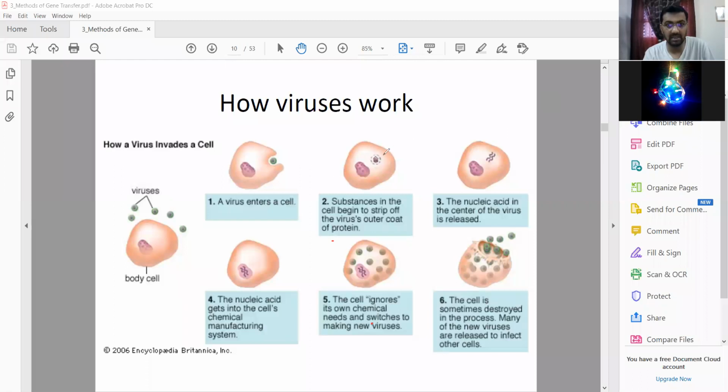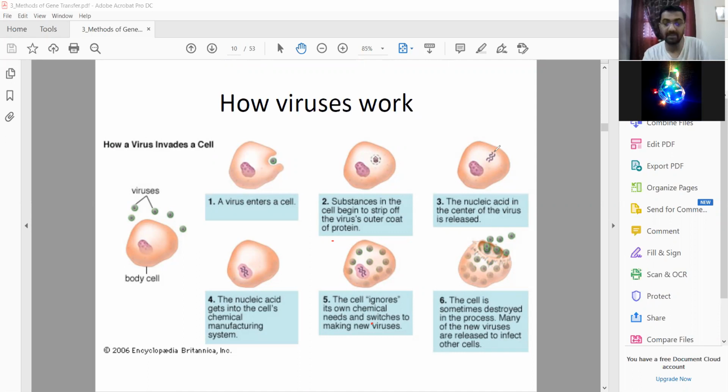The virus is later stripped of its coating by lysozymes and other enzymes, and the nucleic acid of the virus is released from the capsid.